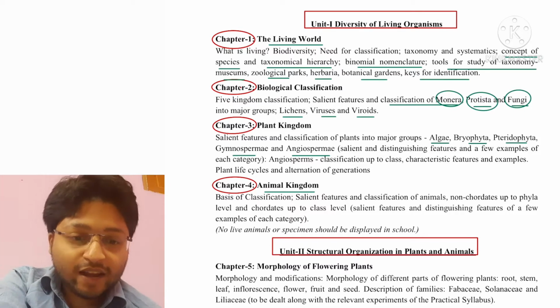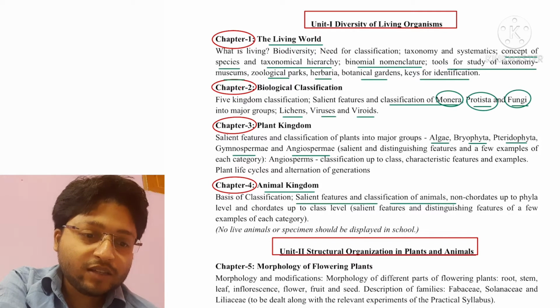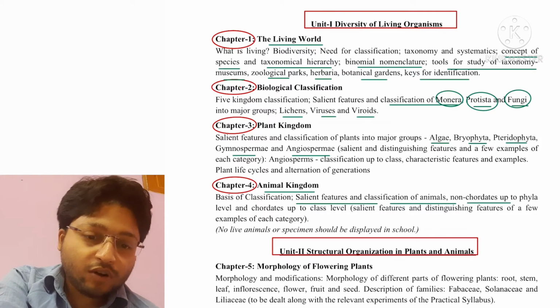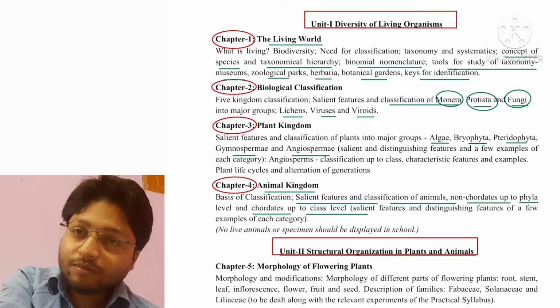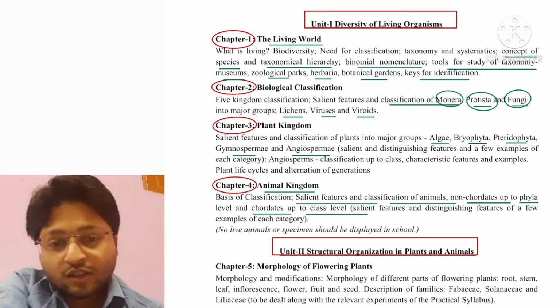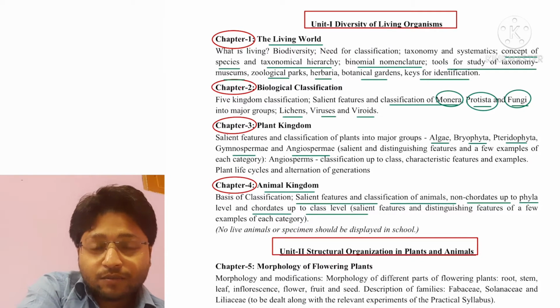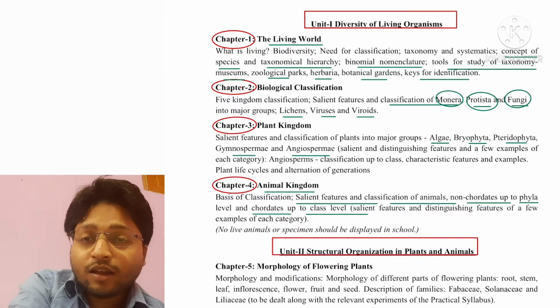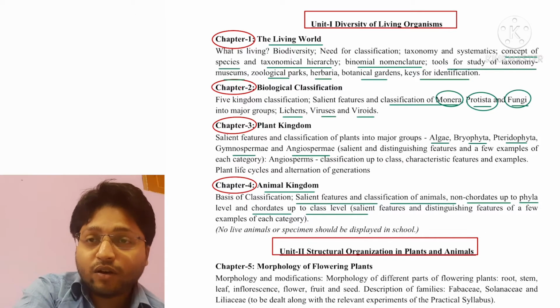You can see here the salient features and classification of animals, from non-chordates up to the phyla and chordates up to the class level. So in this way we will cover the diversity of living organisms.